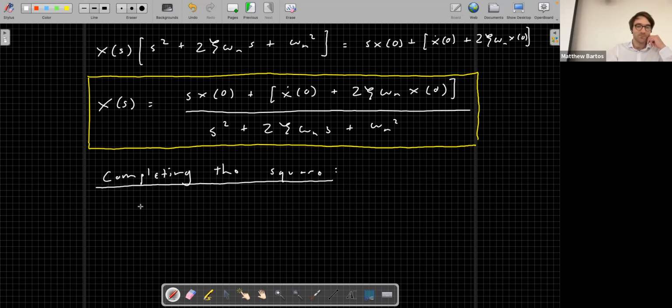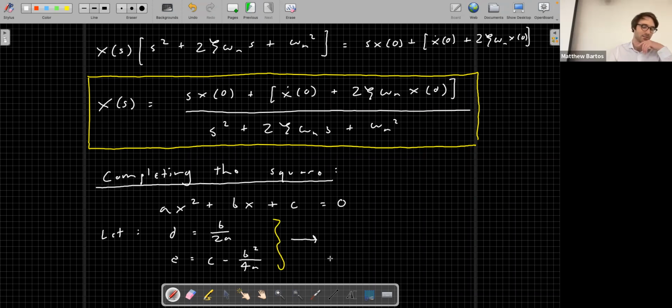If we have a system of the form ax squared plus bx plus c is equal to 0, if we let d be some variable equal to b over 2a, and we let e be some variable equal to c minus b squared over 4a, then we can rewrite this expression as a times quantity x plus d all squared plus e is equal to 0.